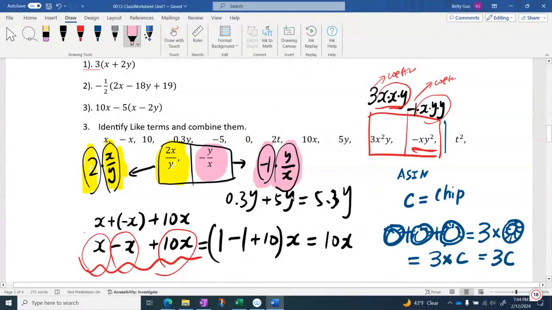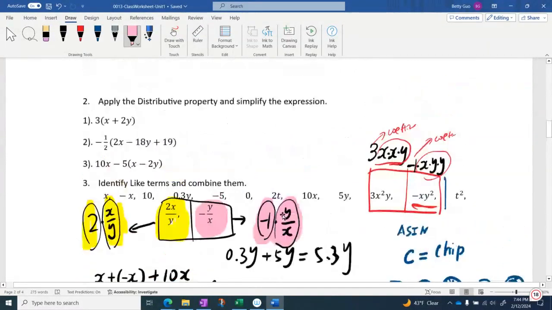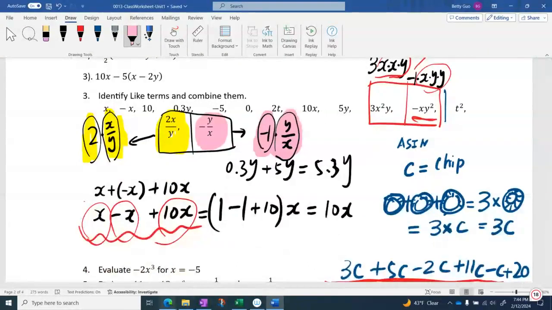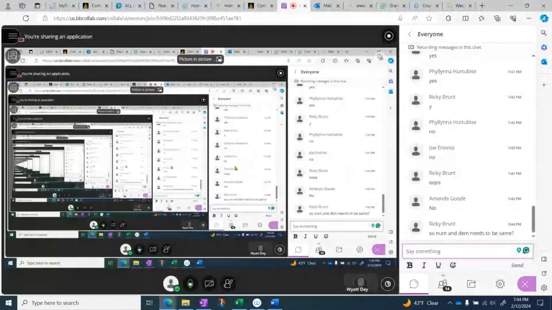All right, so I hope after we go over this question, we have a clear understanding about what are like terms and how do we combine like terms. Again, combine here means adding, added together.